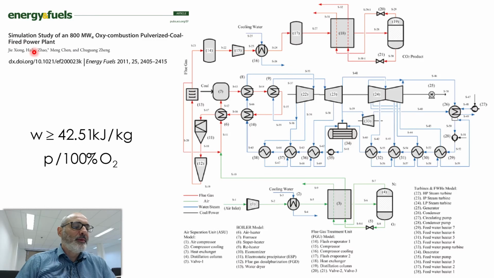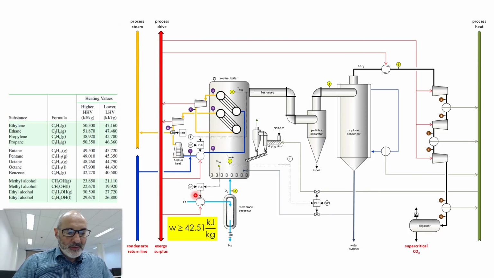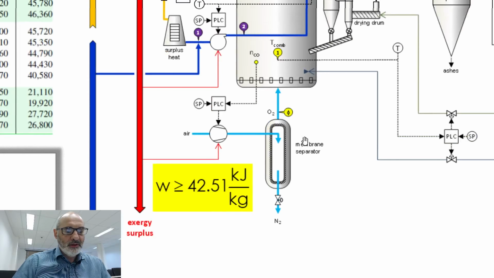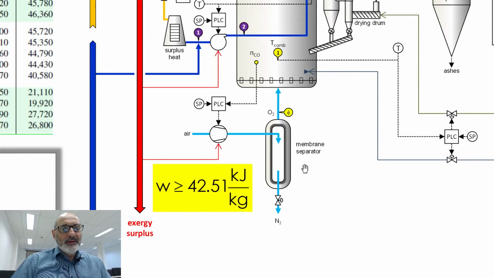That's the reference paper, if you are interested. And for the separation process, let me go back 2 slides, because my sketch actually depicts a membrane separation process. I don't know if I can zoom here. It's a membrane separation process.